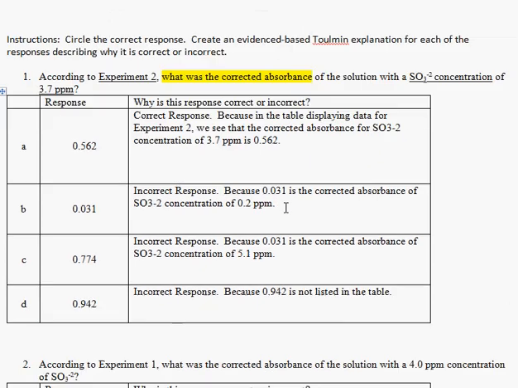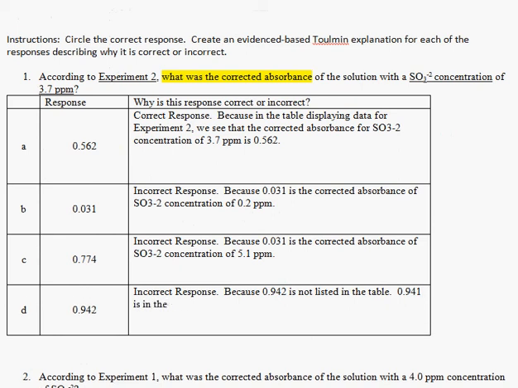We also want to mention that 0.941 is in the table, which is very close to 0.942.